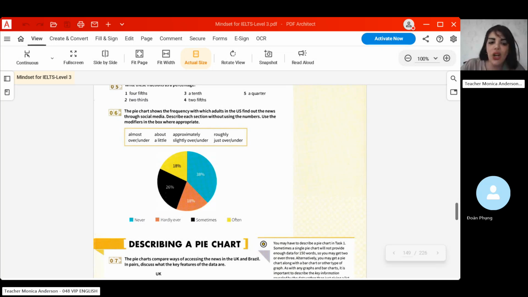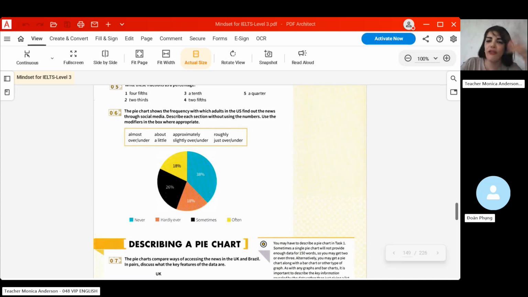So, adults. But how much? 38%. So what can I use? 38% is... 2/5. 2/5 is 40%, right?